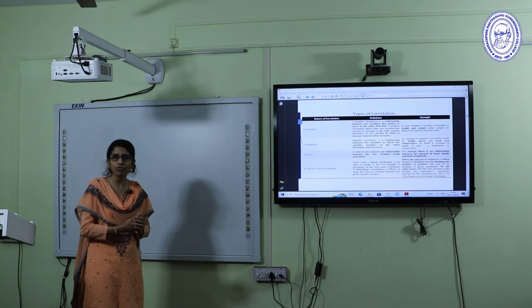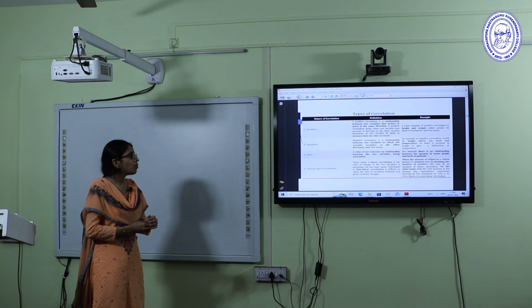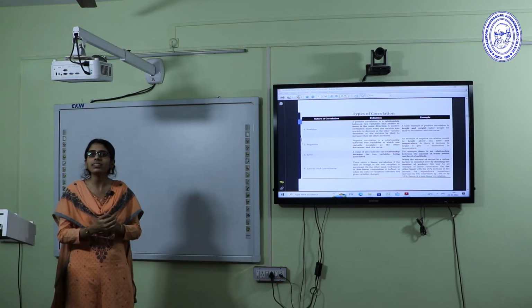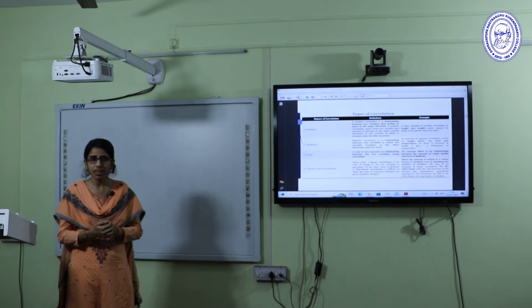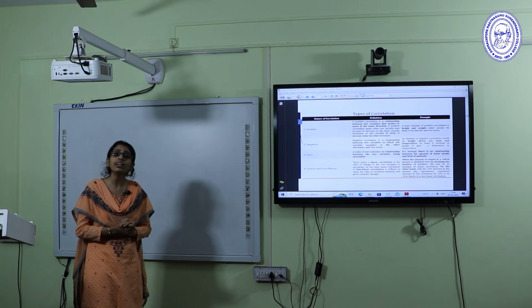Its mathematical form is called linear regression. Whereas when the two variables are not linearly correlated with each other, then it is called non-linear or curvilinear correlation.